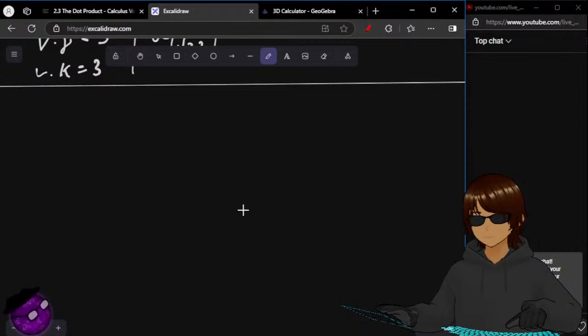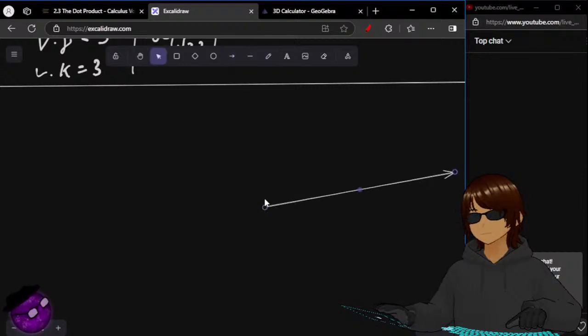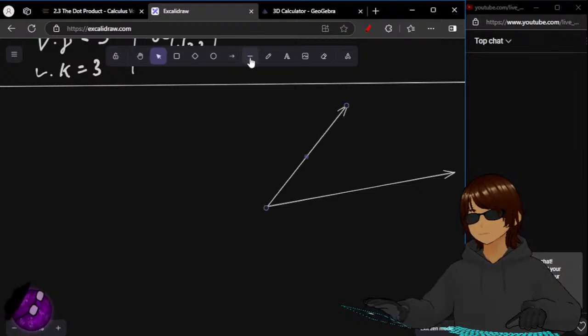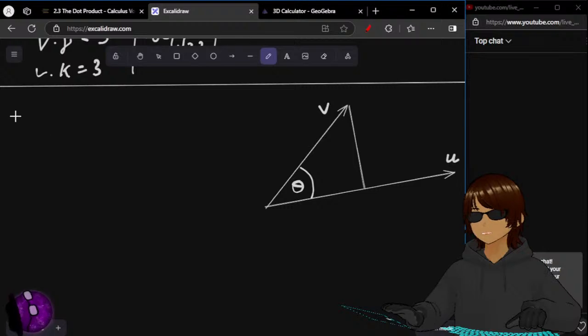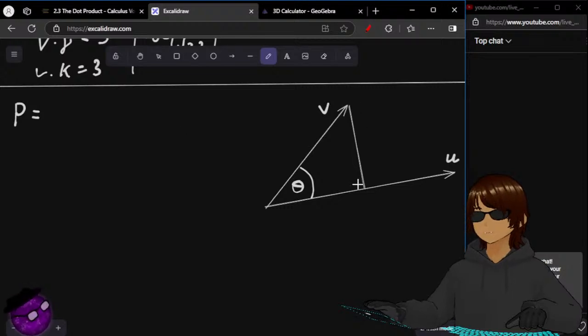So we have theta between v and u. We have the projection, which we will just call p, of v onto u.